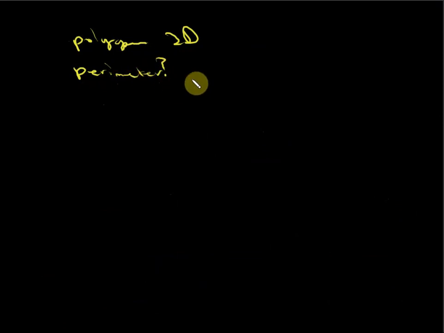So now since that's out of the way, the polygon is 2D. So what would that make the perimeter? Well, the perimeter would be one dimension. Why is it one dimension? It's just a line. 1D is a line and 2D is the polygon.